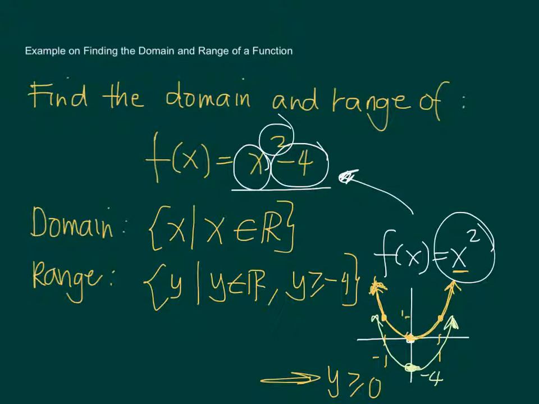For the range, it's not easy to check whether you can get all the numbers, so we analyzed where the function is coming from. x squared minus 4 is based on the function f of x equals x squared, and the minus 4 only makes the graph of x squared go down by 4.